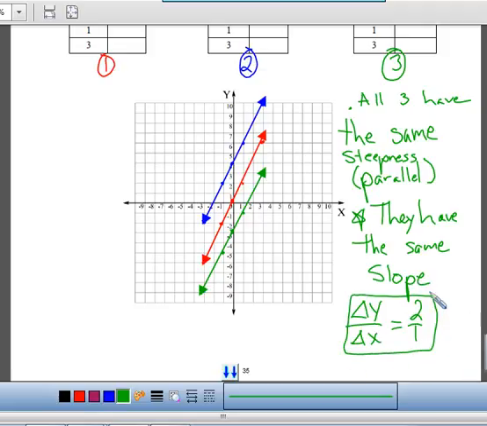Alright, so what do they have different? Well, if I look at each graph, here, here, and here is where they are different. What that is called is the y-intercept. So the y-intercepts are different.